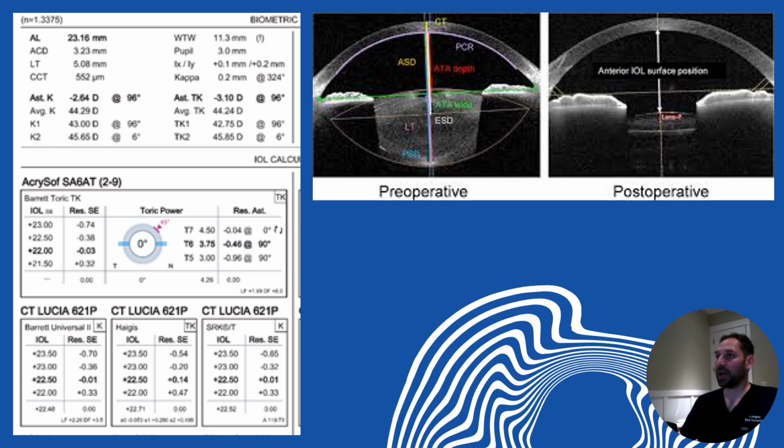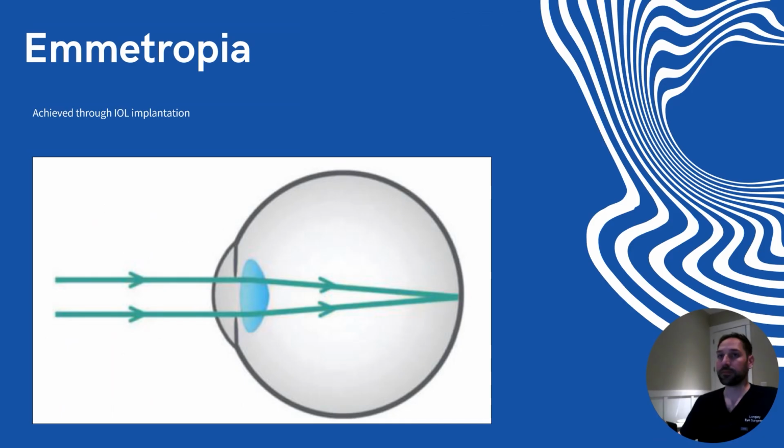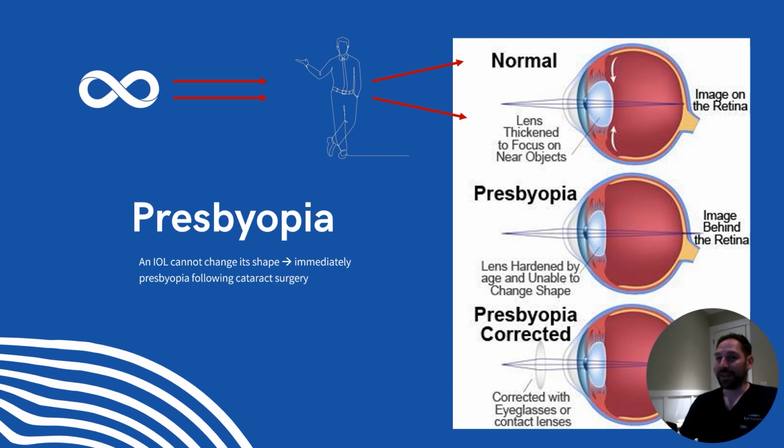And so this is emmetropia achieved through IOL implantation, whether that's an ICL, an implantable contact lens, or an IOL at the time of a cataract operation. Again, we need to come back to this concept of presbyopia, and I think Dr. Neufeld will talk about this more, but a lens implant does not change shape.